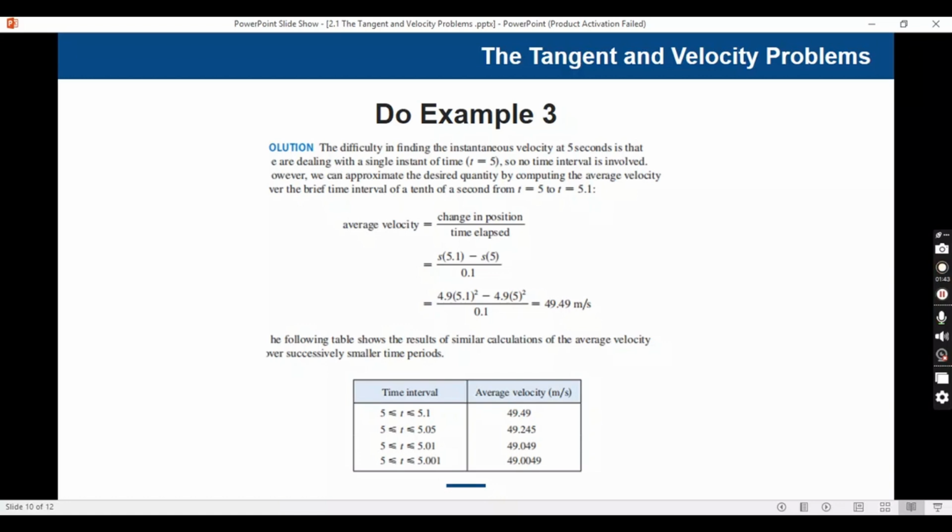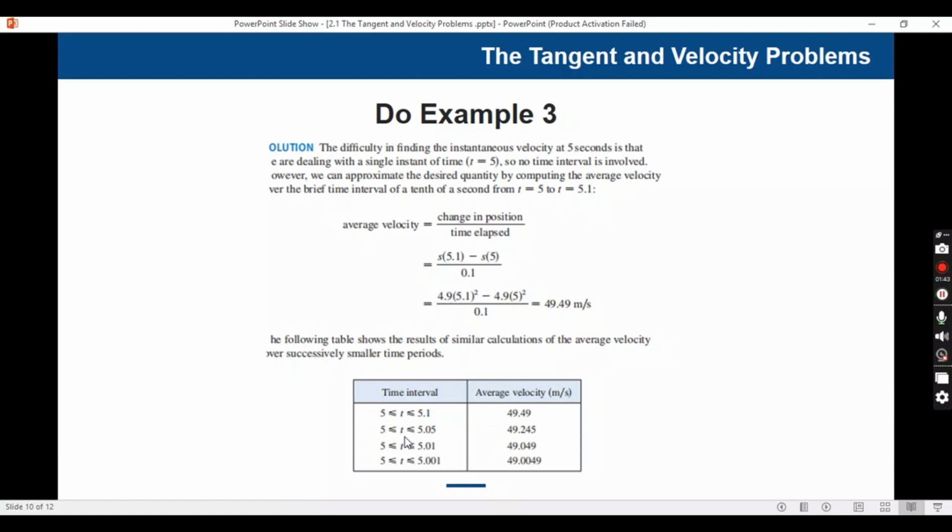Okay, so average velocity is equal to change in position over time elapsed. Then we said s of 5.1 minus s of 5 over 0.1. Then we get 49.49. The following table shows the result of similar calculations of the average velocity over successively smaller time intervals. So this was the time interval from a tenth after the 5th second, right?